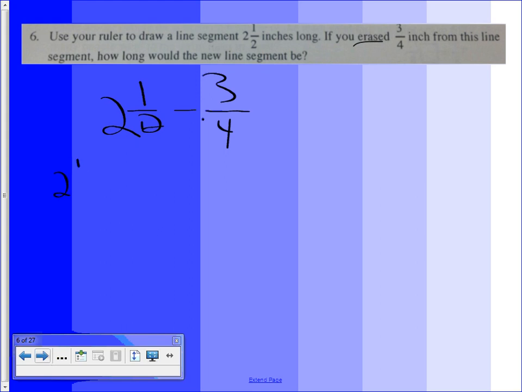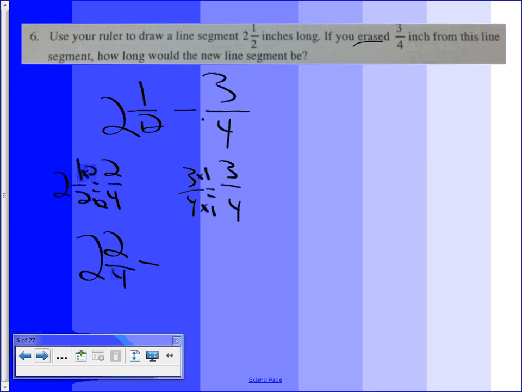So 2.5 changes into 2 and 2/4, and 3/4 stays with denominator 4. 2 times 2 is 4. 1 times 2 is 2. So this problem would be 2 and 2/4 minus 3/4.